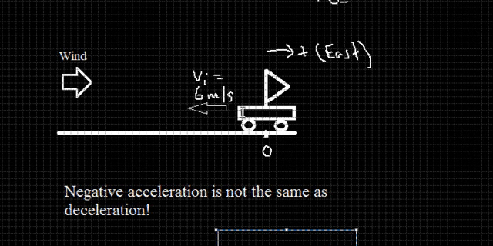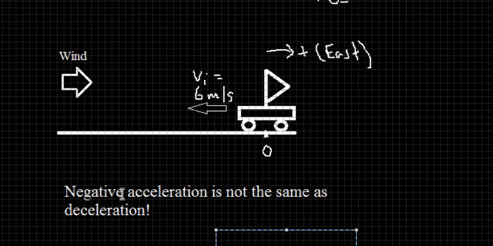Even when it was slowing down to the west, it was experiencing a positive acceleration. Why? Not because positive acceleration means speeding up, but because positive acceleration means a push to the right. And the whole time this car experiences a push to the right, therefore its acceleration is positive. But that doesn't mean the whole time it was speeding up. Part of the time it was slowing down.